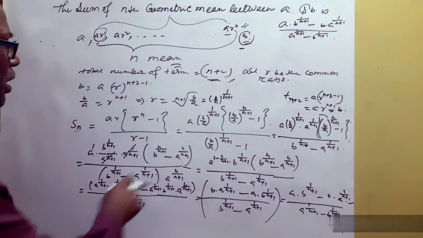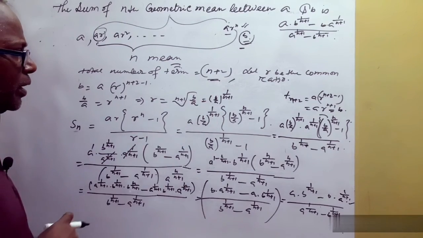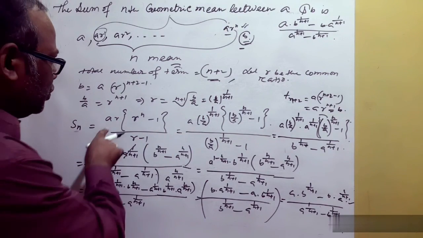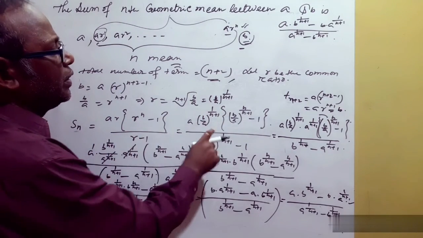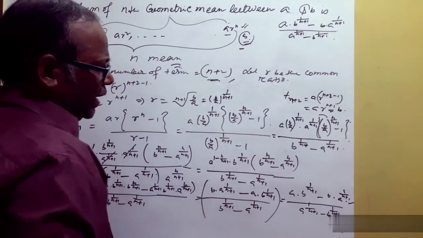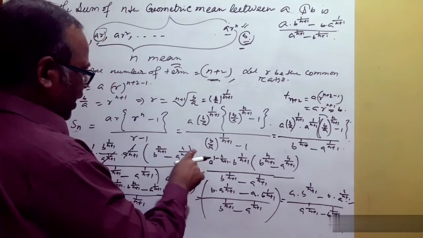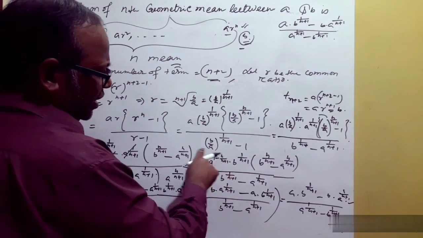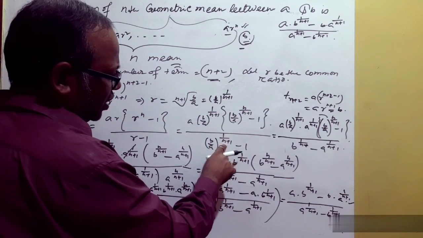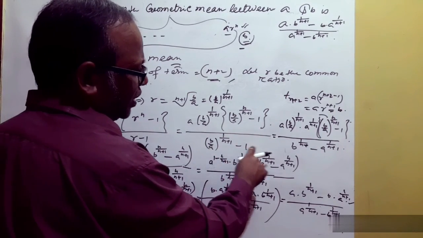Now put r equal to b by a whole to the power 1 by n plus 1. So we got this, and now take the LCM. This is b to the power 1 by n plus 1 and a to the power 1 by n plus 1.